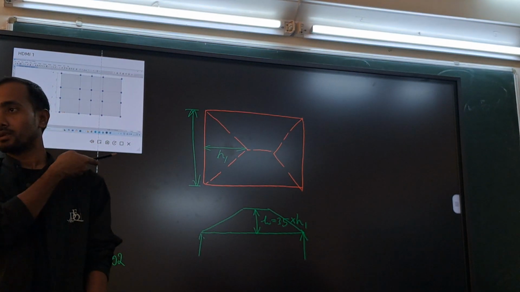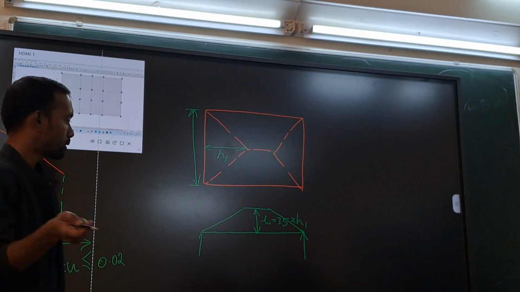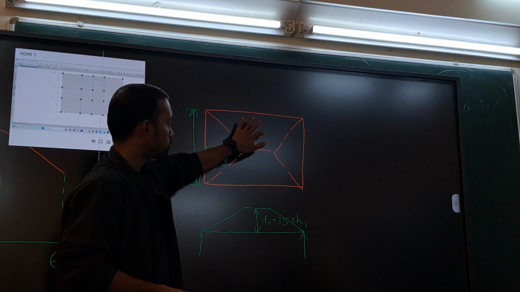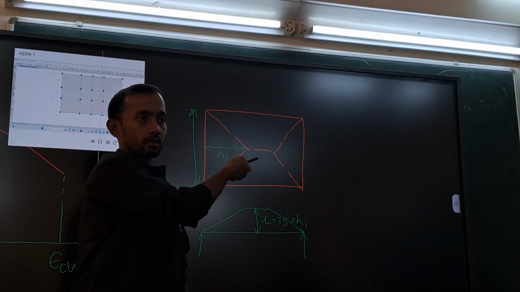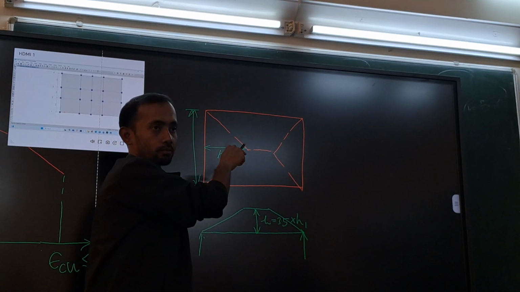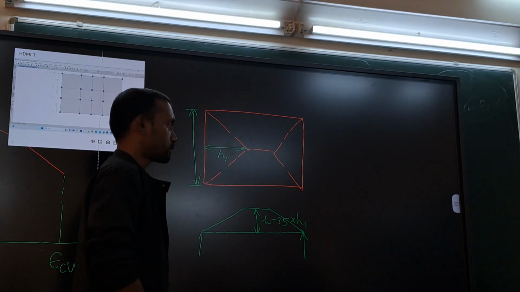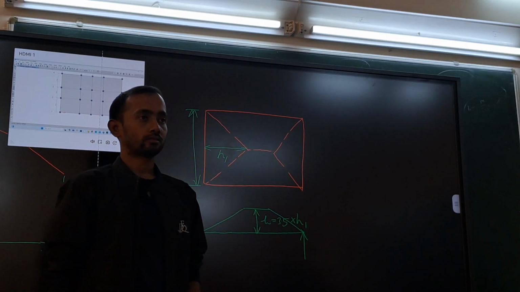It's that simple, no complication. Similarly, if you calculate for this also, same formula. When you calculate for this, directly you get H1. But the formula will remain the same, 3.5 into H1. Okay, this is applicable for all the forces.